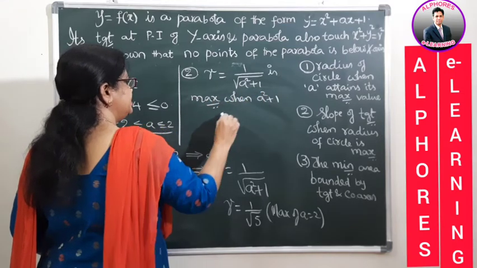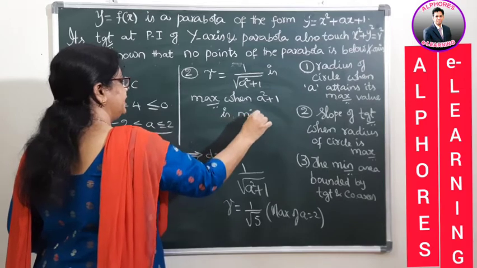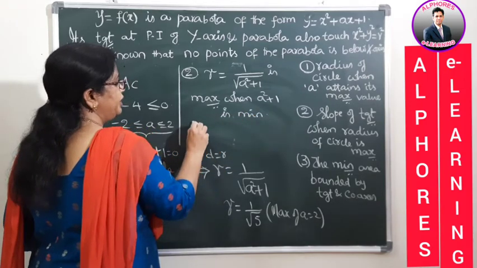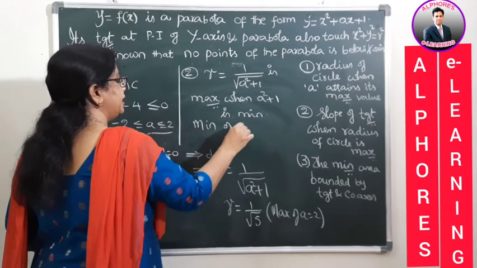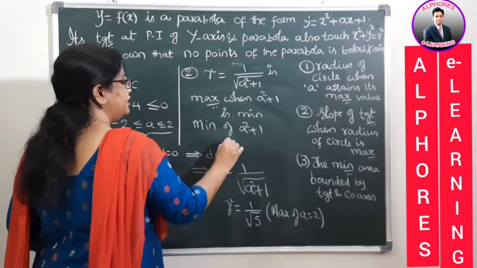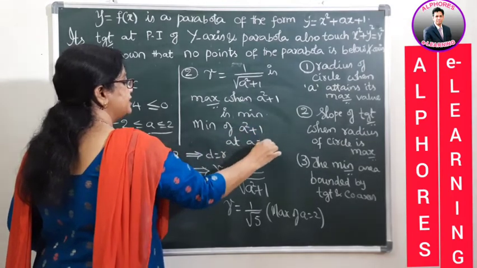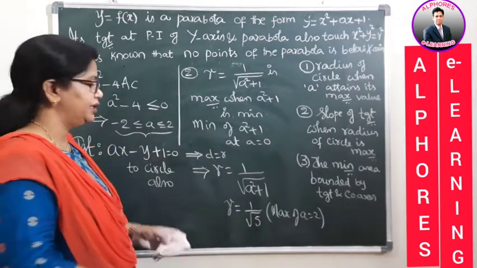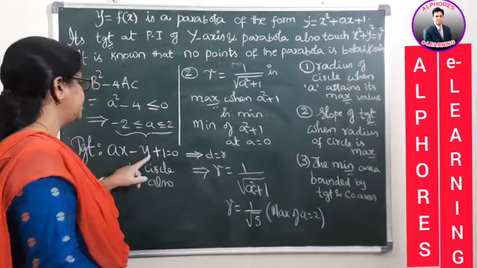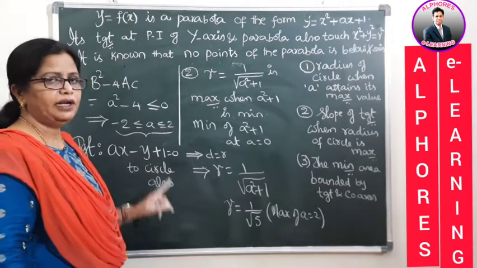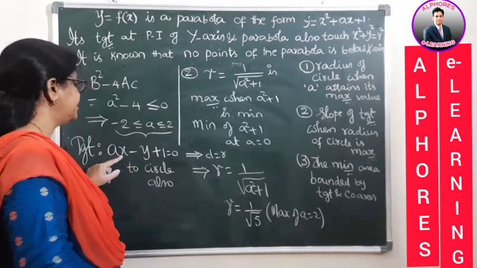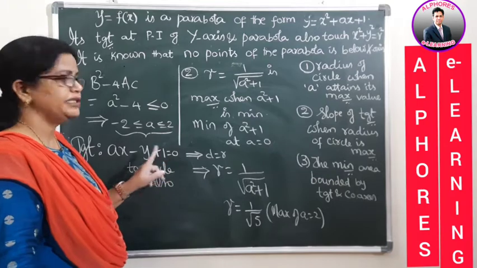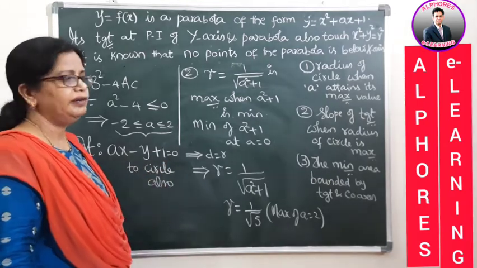So minimum of a square plus 1 can be obtained at a equal to 0. When you substitute a equal to 0, students, what is the equation you got? y equal to 1. So x value 0, and hence minus y plus 1 is 0 implies y equal to 1.